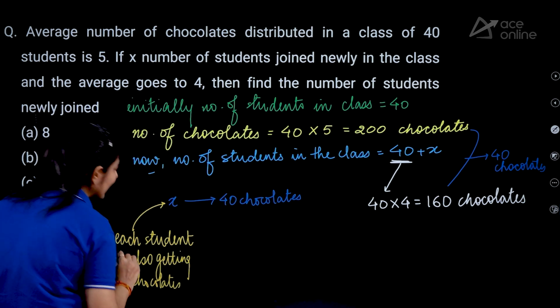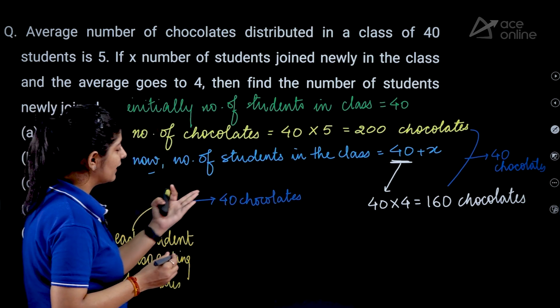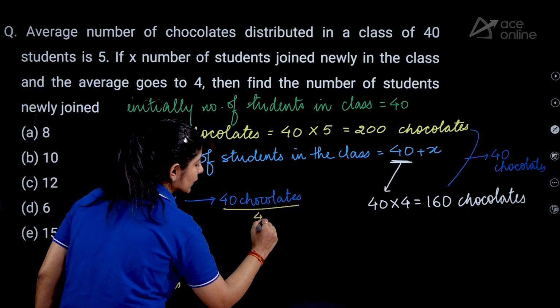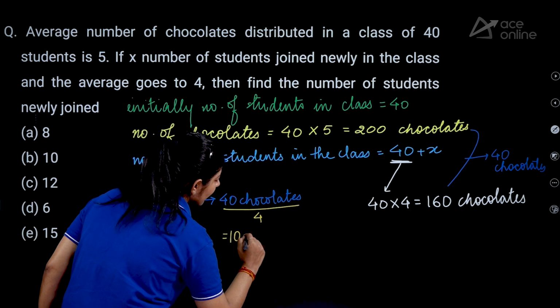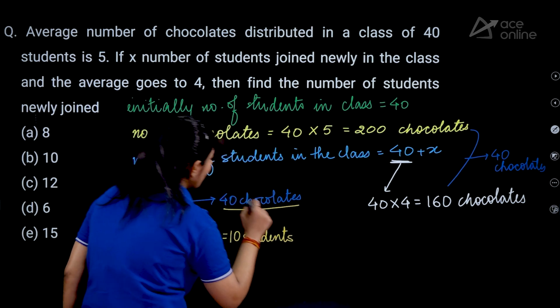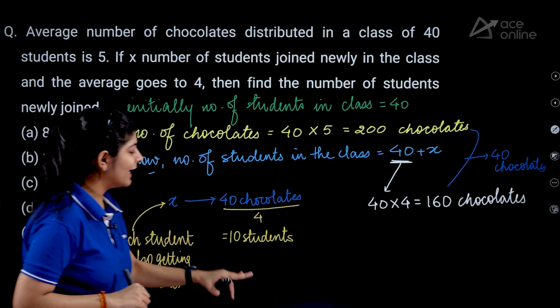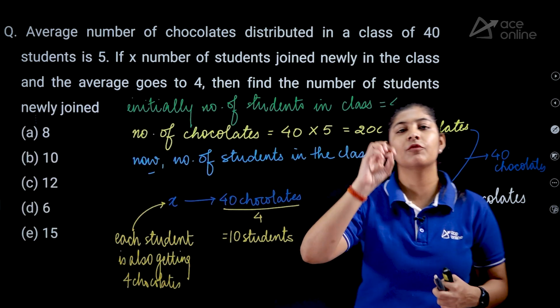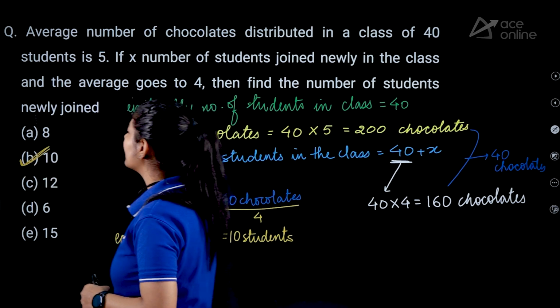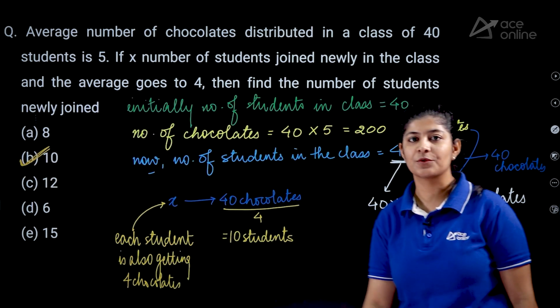So in how many students can we divide these 40 chocolates if we are giving 4 chocolates to each student? We can distribute these 40 chocolates to 10 students if we are giving 4 chocolates each. So the value that we have to find is option B, that is equal to 10.